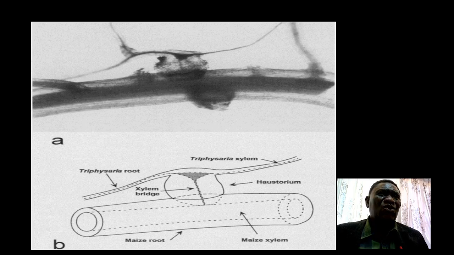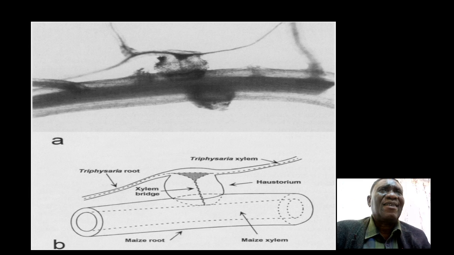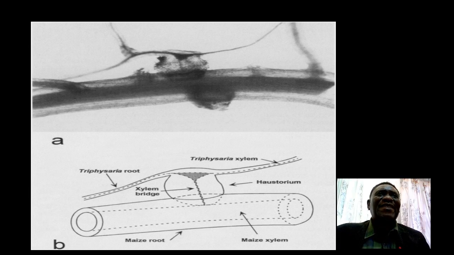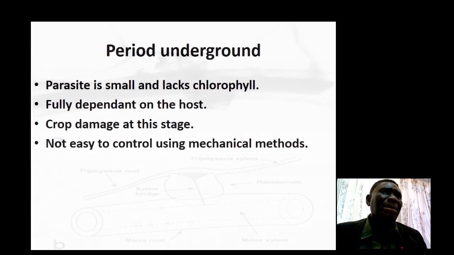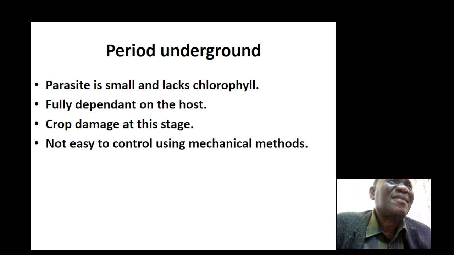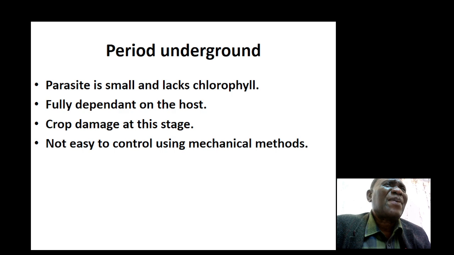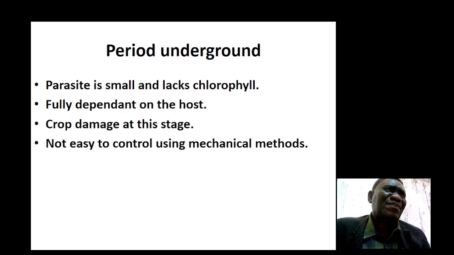Here you have the root of the host. This could be the parasite, and this is the bridge or the haustoria, which forms the connecting tissue between the parasite and the host root. Now the period underground, and now the parasite is very small and lacks chlorophyll, that is underground.